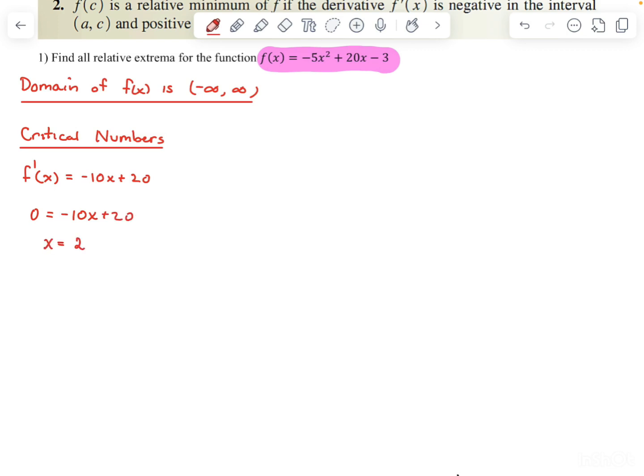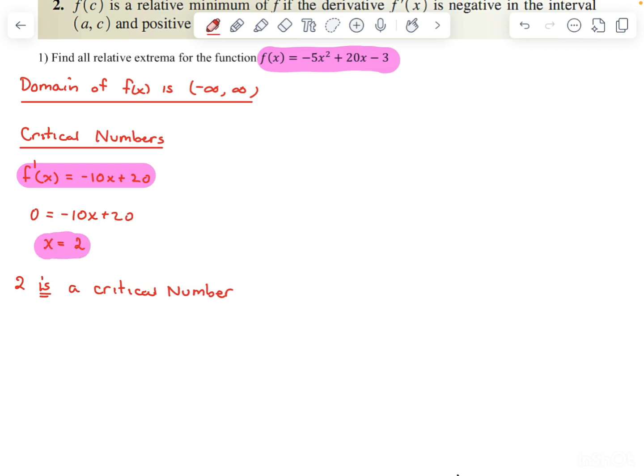Since 2 is in the domain of f of x, we can conclude that 2 is a critical number. Now to determine where the derivative is undefined. The derivative is a linear function, so it is defined for all values of x. This implies that the only critical number is x is equal to 2.